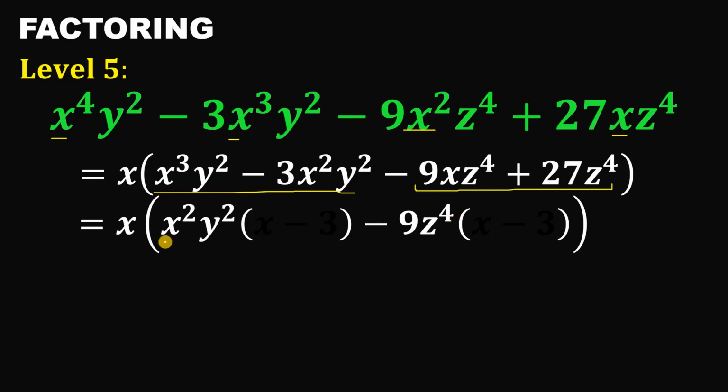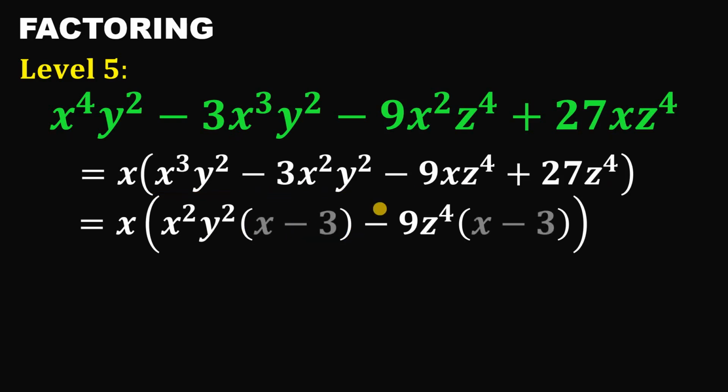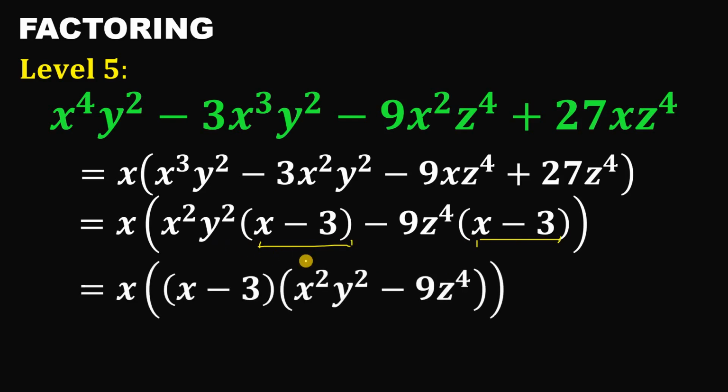If we factor out x squared y squared in these two terms, we get x minus 3. And if we factor out negative 9z raised to the fourth power, we also get x minus 3. Now, as you can see, we have a common factor of x minus 3.